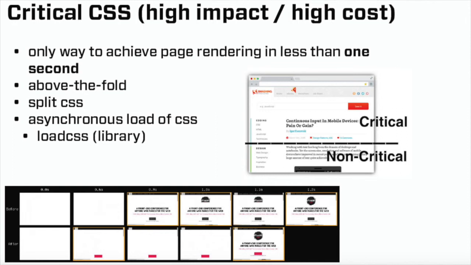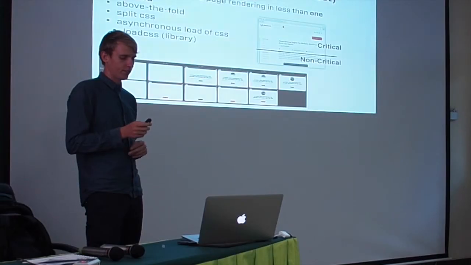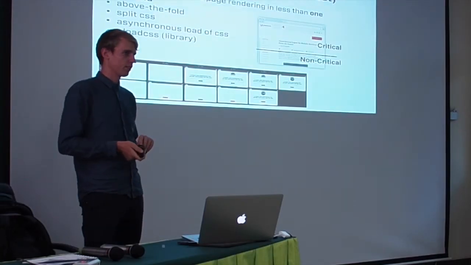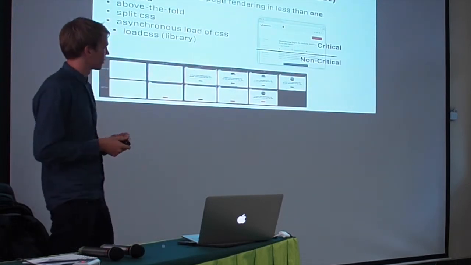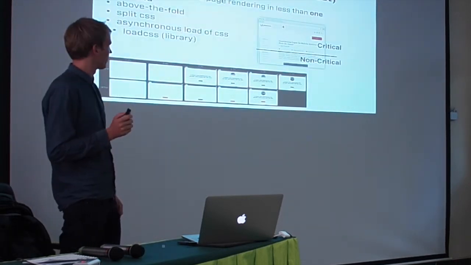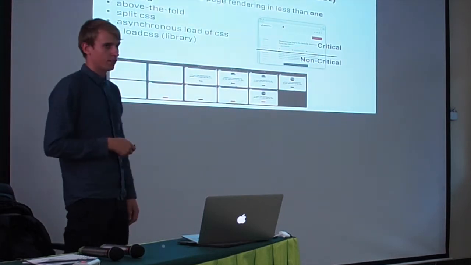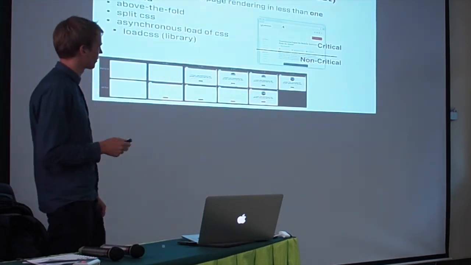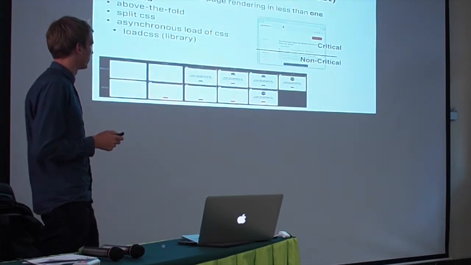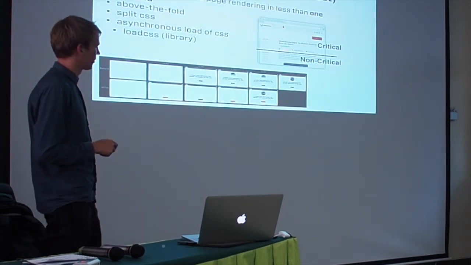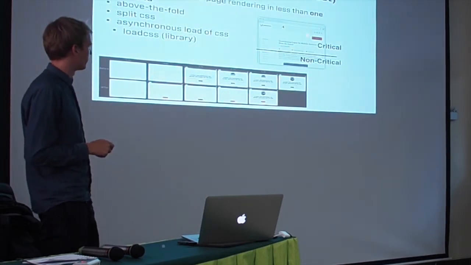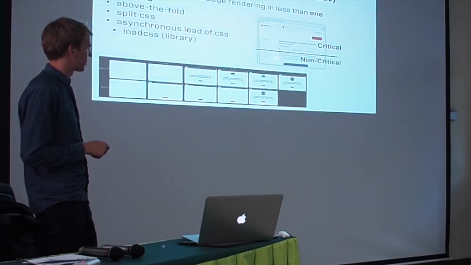Another thing you can do, which has a high impact but a high cost, it's easier to do if you do it from the beginning. There are some techniques to do that, but that is critical and non-critical CSS. It's more than just CSS. So this is the critical part. This is what you see above the fold, it's called. This is what's not.